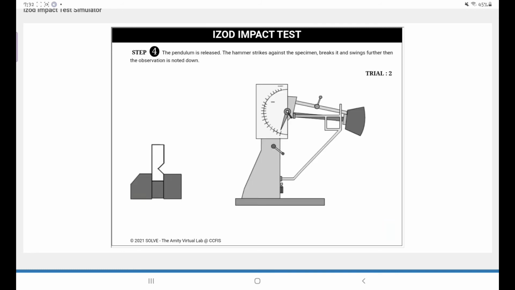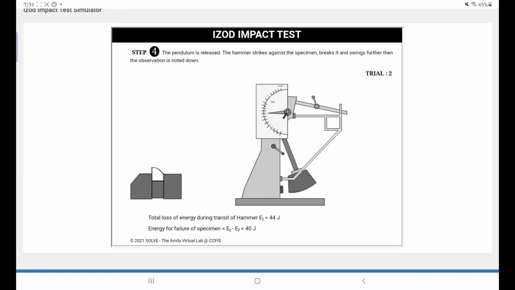The pendulum is released. The hammer strikes against the specimen, breaks it and swings further, then the observation is noted down. Total loss of energy during transit of hammer, ET, equals 44 joule. Energy for failure of specimen equals ET minus EF equals 40 joule.